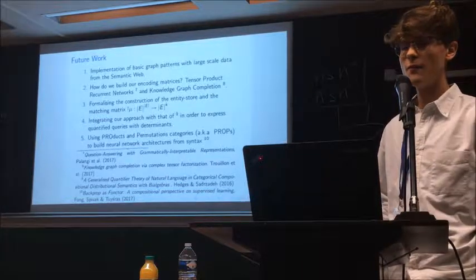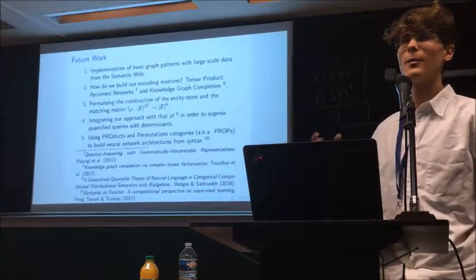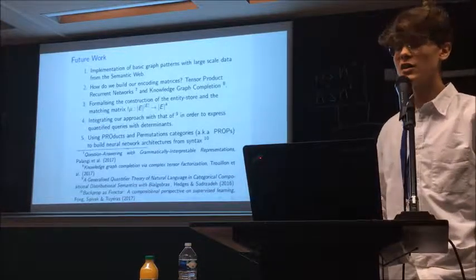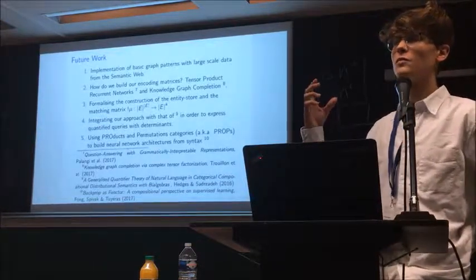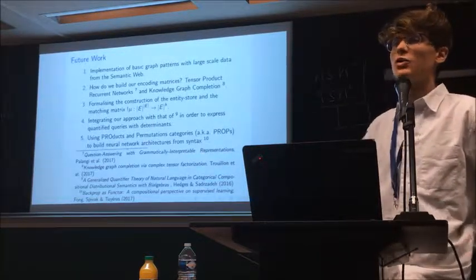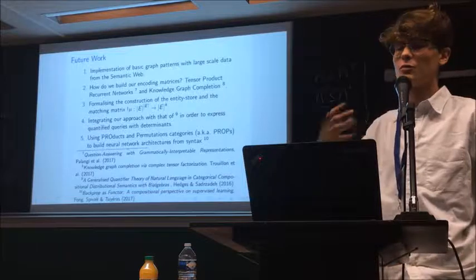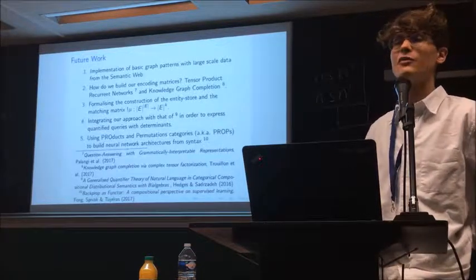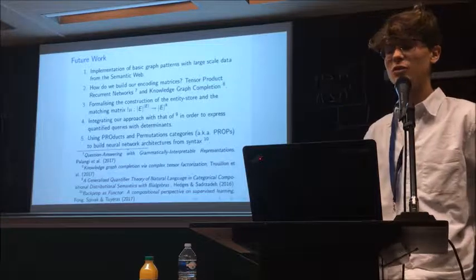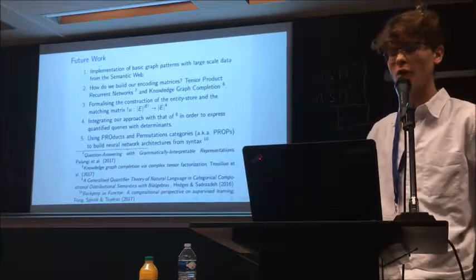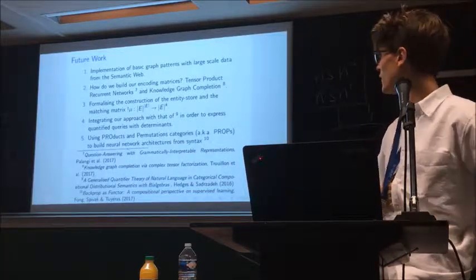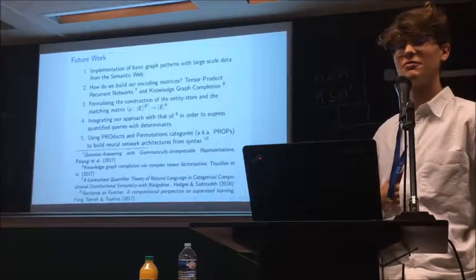And finally, looking at PROPs, so products and permutations categories, as a tool to build neural network architectures directly from the syntax of natural language in a functorial way, trying to build up on the work from Fong, Spivak, and Tuyéras from last year. So, yep, that would be all for me.